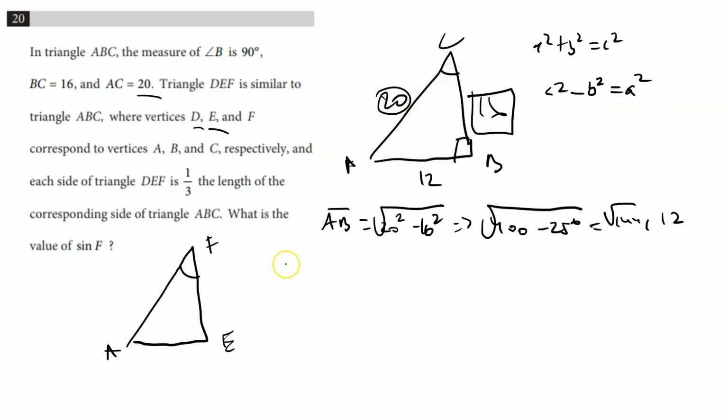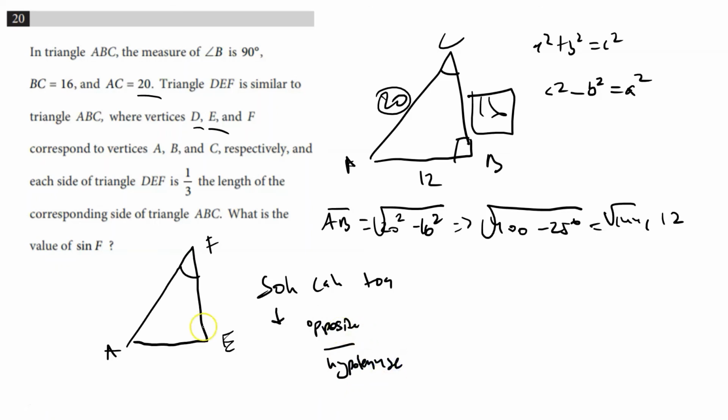And what do we know about sine? Using SOH CAH TOA, sine is opposite over hypotenuse, right?